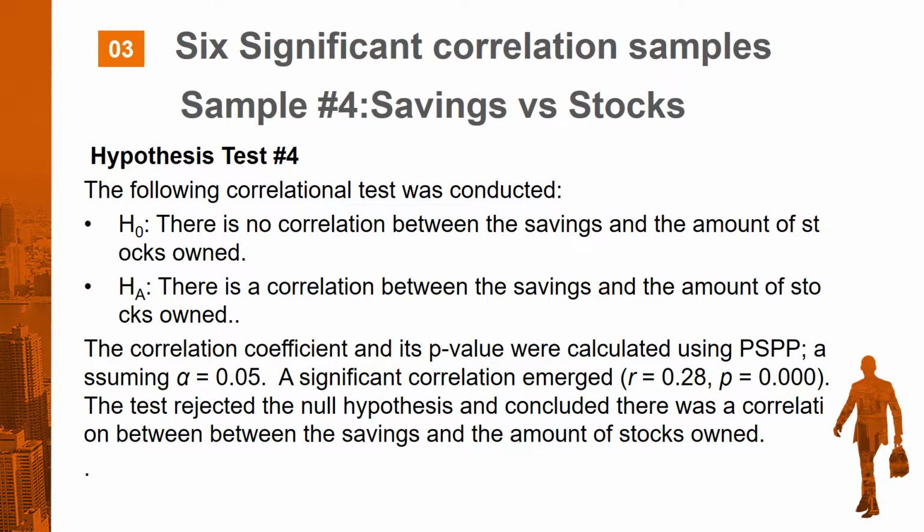In other words, when your savings increase, there is a high probability that your stocks will also increase. Or when your stocks in hand increase, the savings that you have in your credit union or whatever bank account you have will also increase, although we cannot tell how the extent of change in one of these variables affects the extent of change in the other variable.